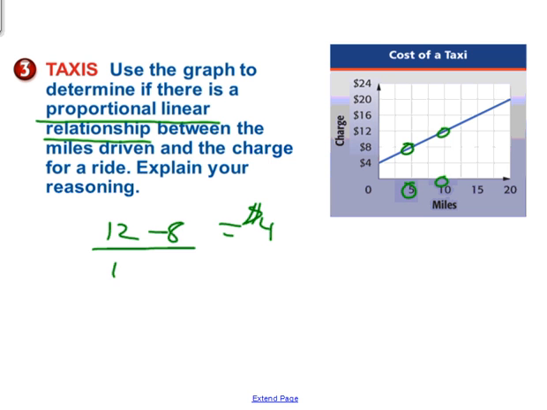And the distance driven was from 5 miles to 10 miles, so 10 minus 5 is 5 miles. $4 per 5 miles. It is a constant rate of change because it's a straight line. However, it is not proportional because if I checked ratios all the way along, I would find that this one is different than the rest.